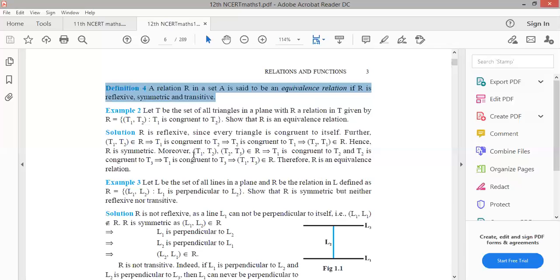If the first triangle is congruent to the second, and the second is congruent to the third, this simply means that the first and third triangles are also congruent. So this type of relation is an equivalence relation.